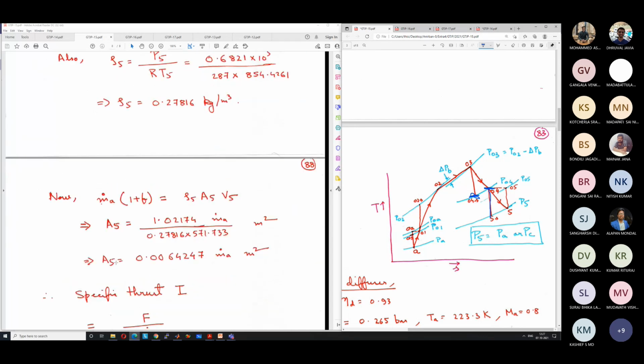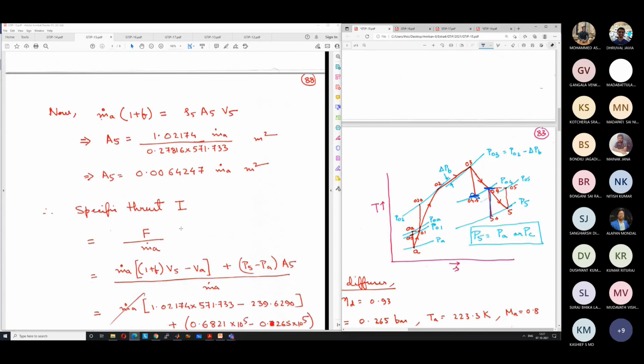Plug in the values, you will get A5 equal to 0.0064247 into m dot a meter square. If you do the calculation for 1 kg per second of air at the inlet, this m dot a term will not be there, so your A5 will be 0.0064247 meter square per kg per second.